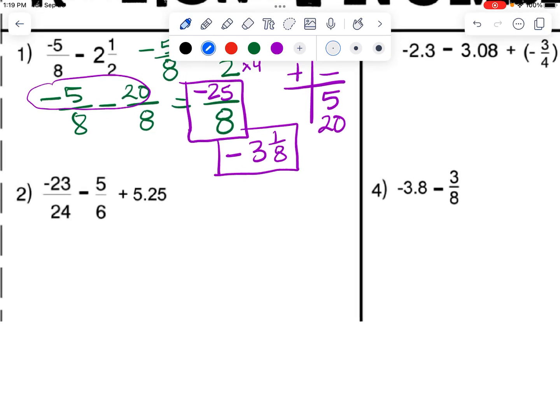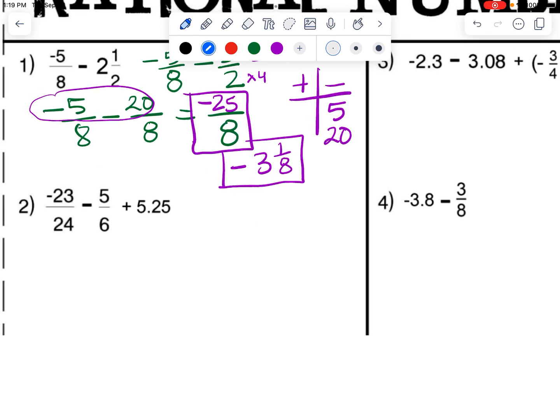Number 2 has 2 fractions and a decimal. So I know that you all think decimals are easier to use because you can use a calculator. But in this case, this 5/6, if I wanted to change that to a decimal, I could take my calculator and do 5 divided by 6.